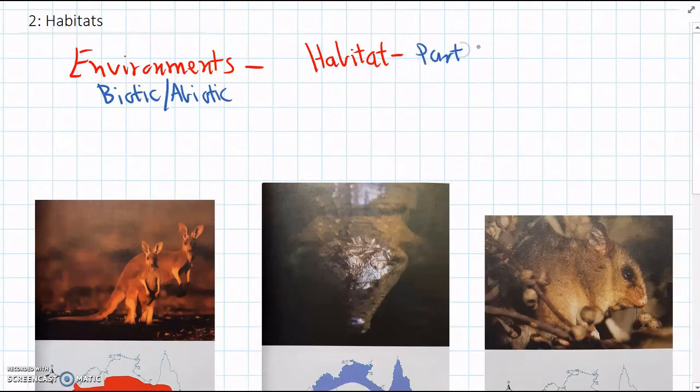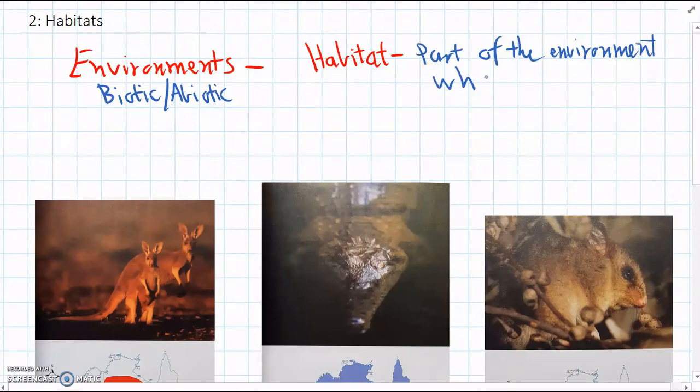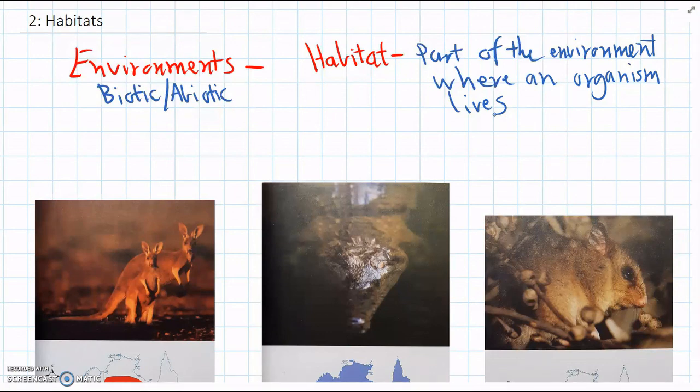So the specific part of the environment where an organism lives. And normally we show a habitat on a map, so we can get an idea of which parts of that area the organism lives in.